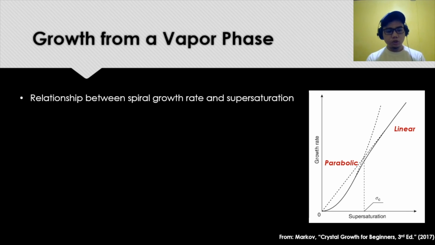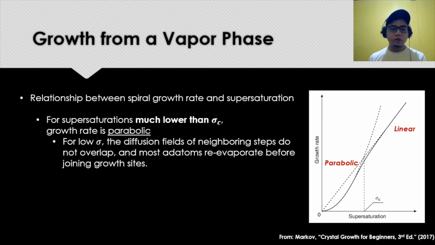The relationship between spiral growth rate and supersaturation is shown on the right side of the slide, where there is also an indicator for the threshold of sigma c in supersaturation. Below sigma c, the relationship between supersaturation and the growth rate is parabolic.